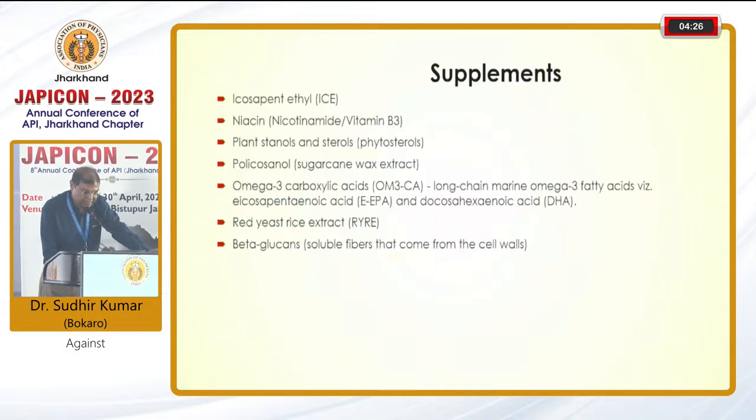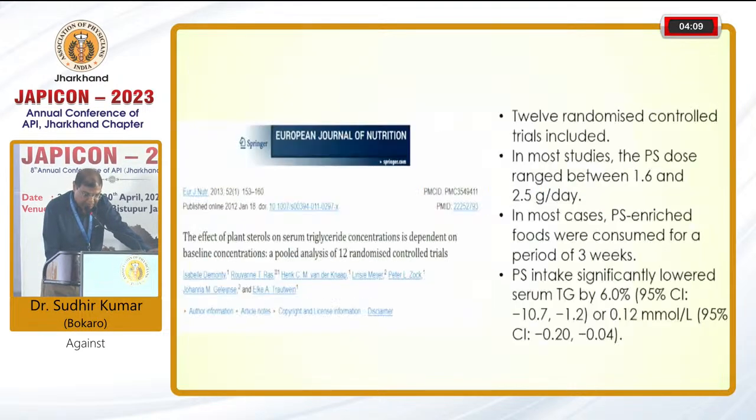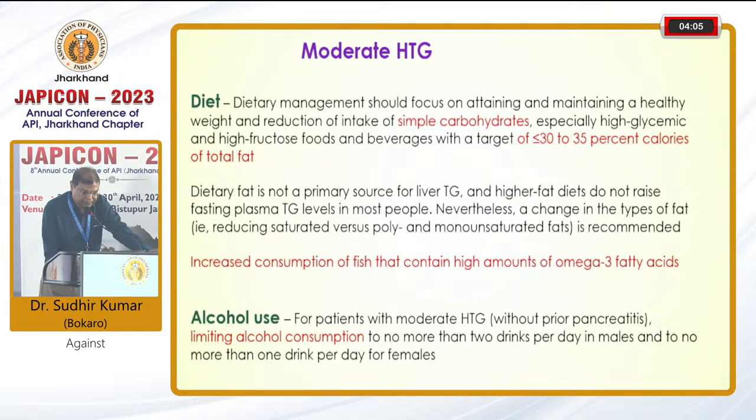Supplements like niacin, phytosterols, policosanol, omega-3 fatty acids, and oat beta-glucans can effectively reduce TG levels. These are the studies related to these supplements, and major RCTs are also there.